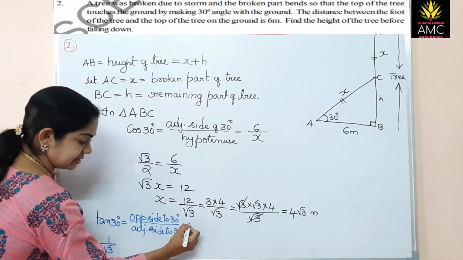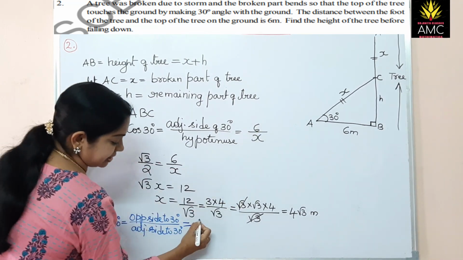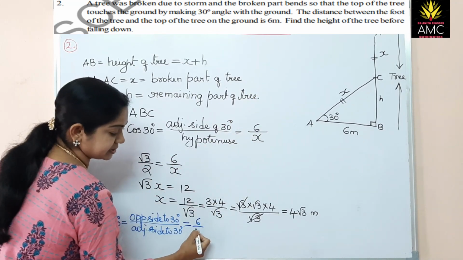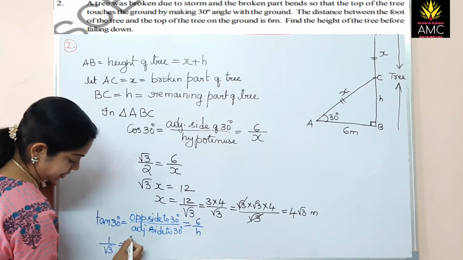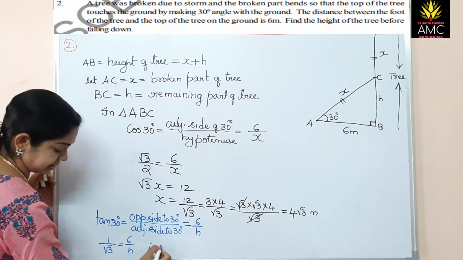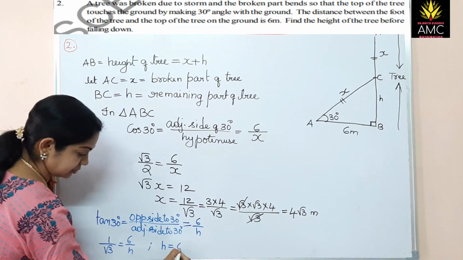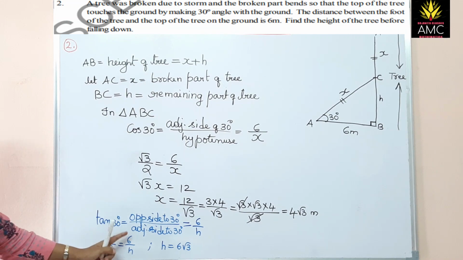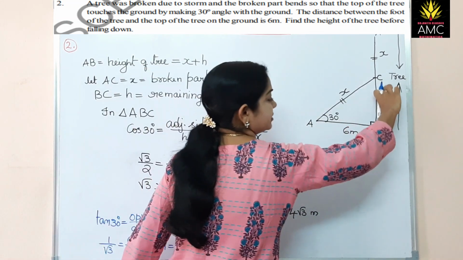This is equal to opposite side to 30 degrees by adjacent, where adjacent is 6 and opposite is h. So this is equal to h by 6.